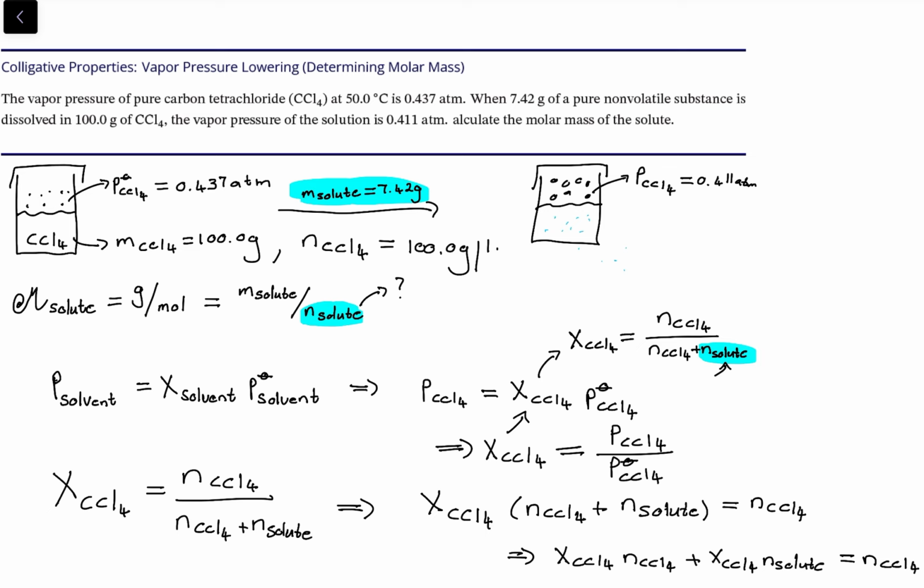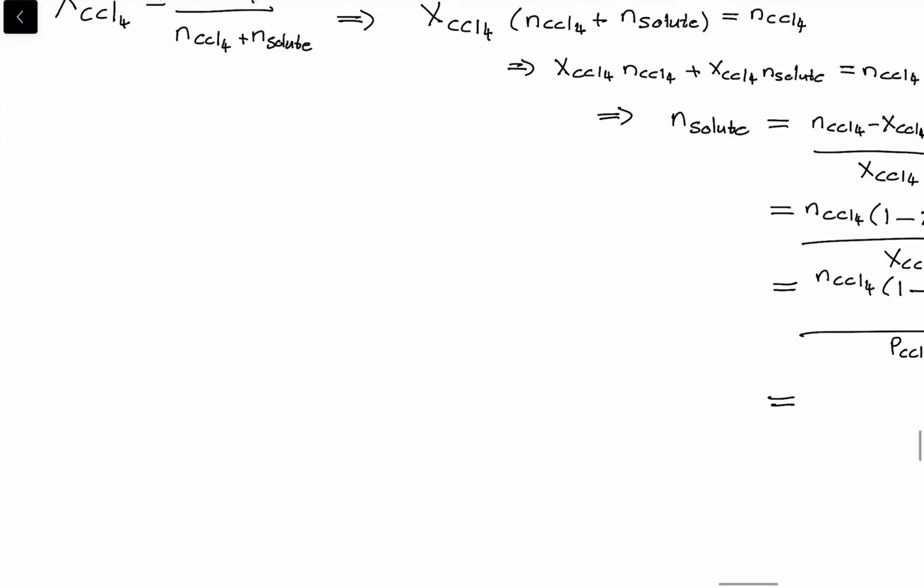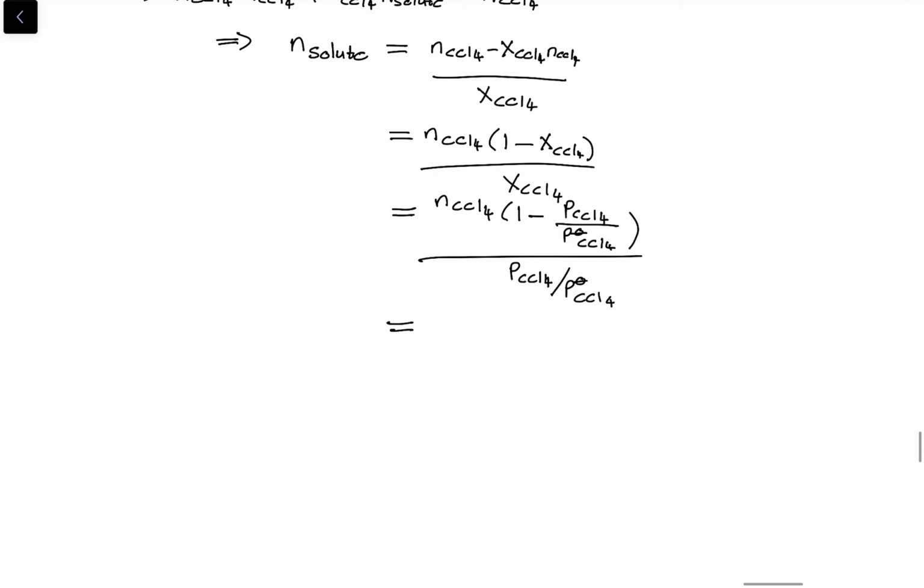There's 1 mole of CCl4 weighing 153.82 gram. And this will give you a value of 0.650 mole CCl4.